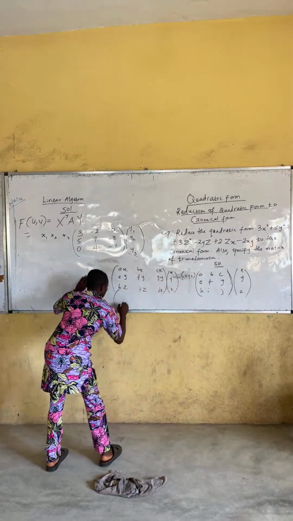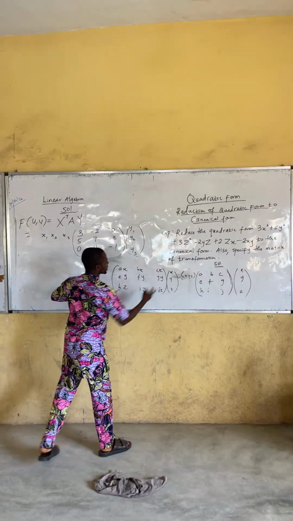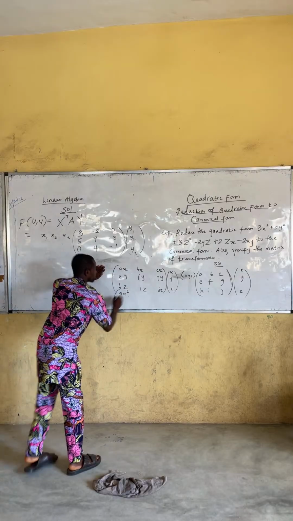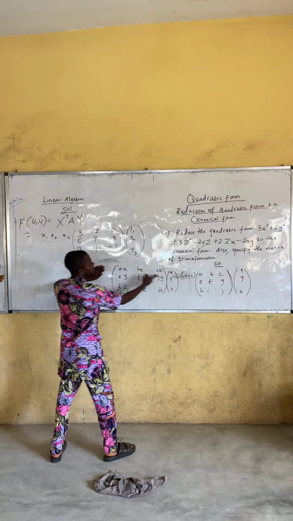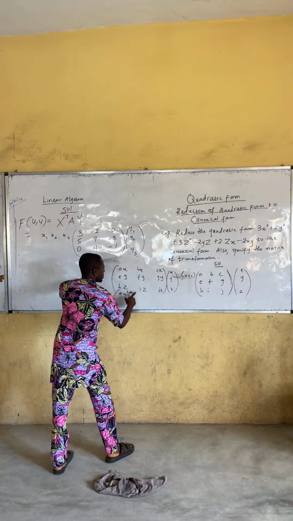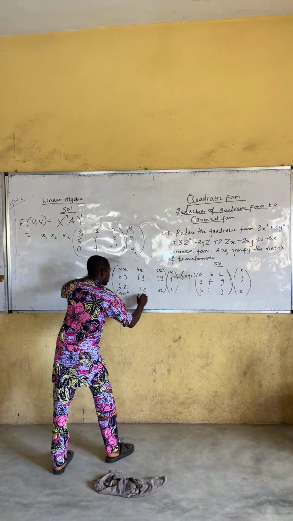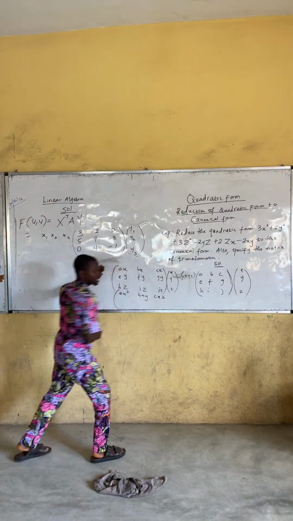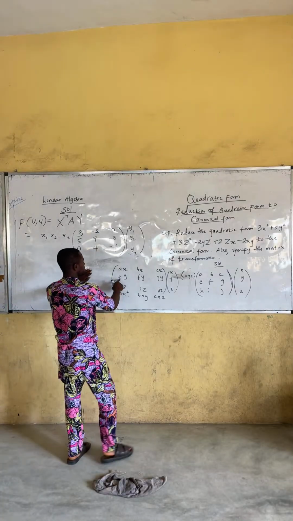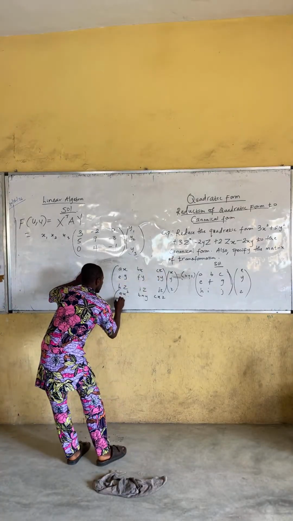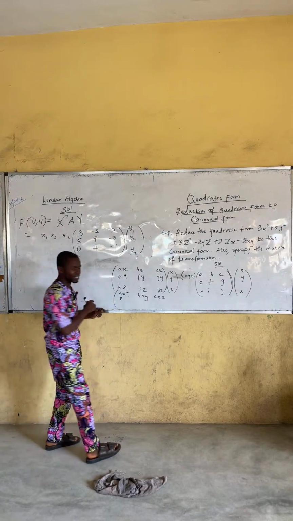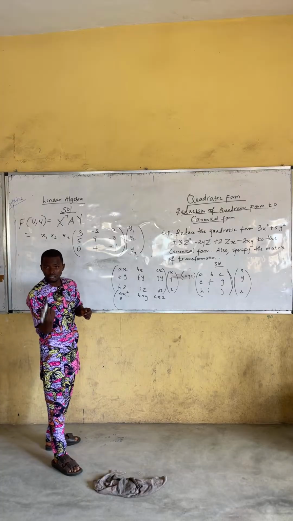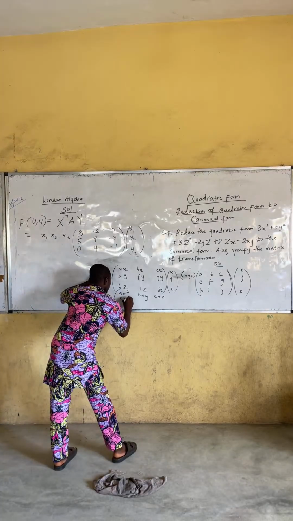Now if I expand, it gives me AX times x, that's AX squared. BX times y will be BXY. CX times z is CXZ. Then EY times x again gives EXY. Note, XY is still YX. EXY.